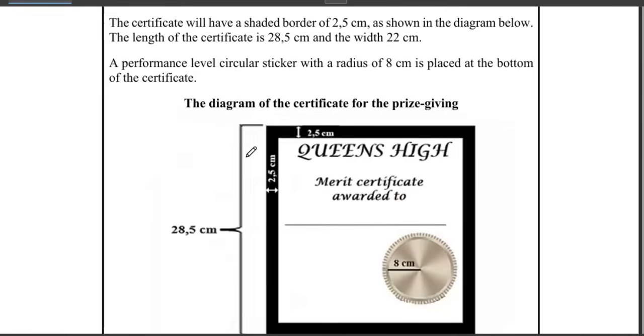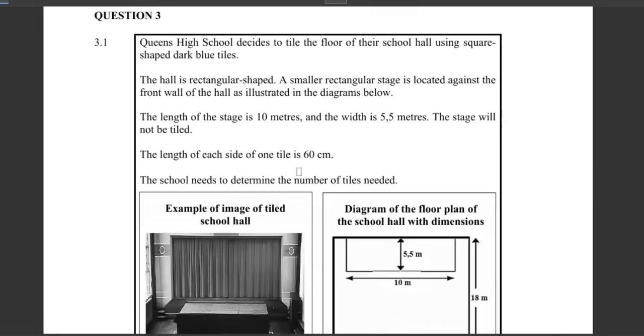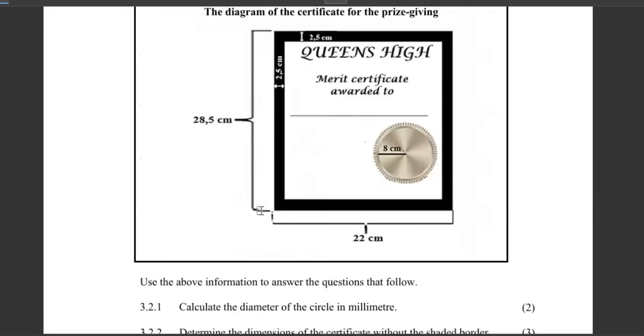The performance level circular sticker with a radius of 8 centimeters is placed at the bottom of the certificate. This is how it will look like. This is what they are showing you.